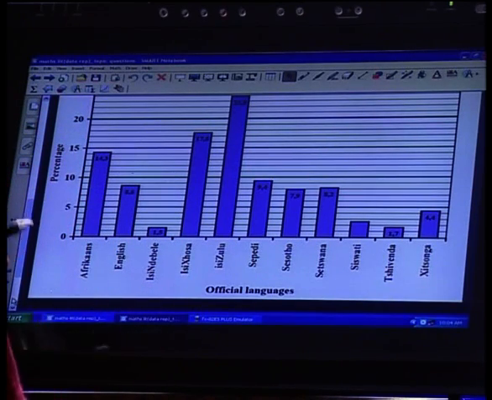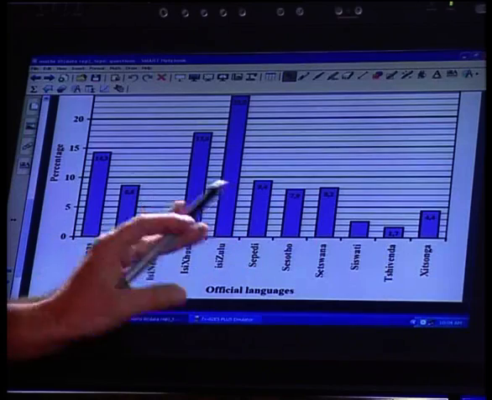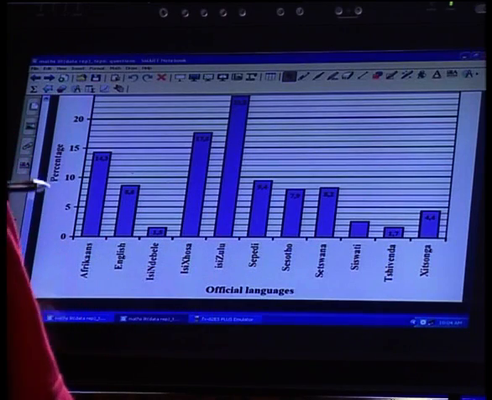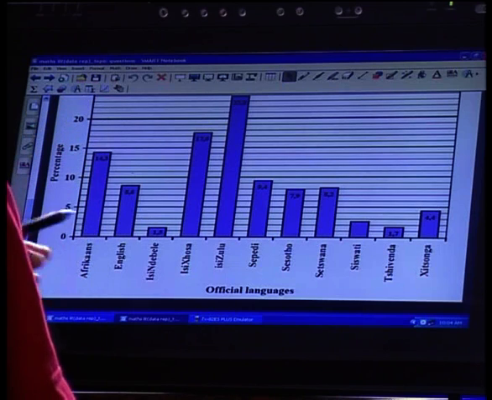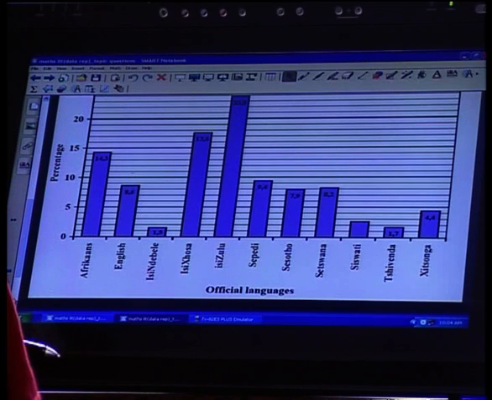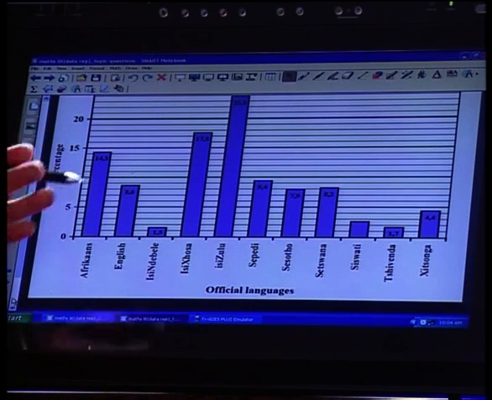It wouldn't have mattered if we had put English first and Afrikaans second, or swapped any of these around, because they're simply independent headings for this chart. And that's why the bar chart is the representation that we've been given here. Later on we'll be looking at a histogram and seeing the difference. So I want you to note that difference straight away over here.